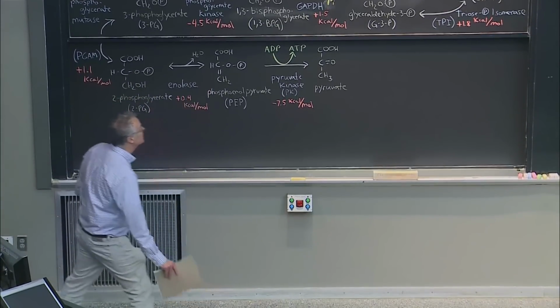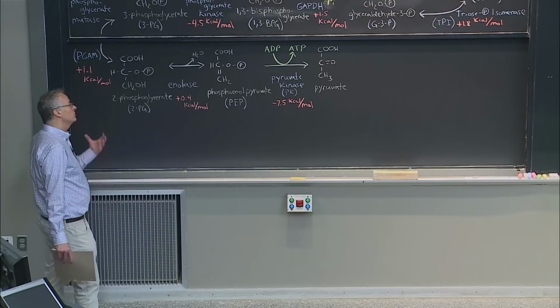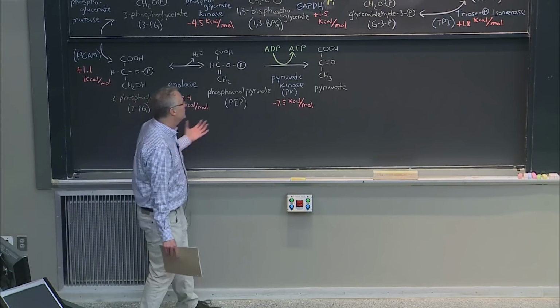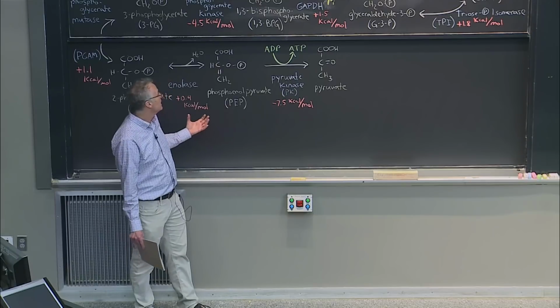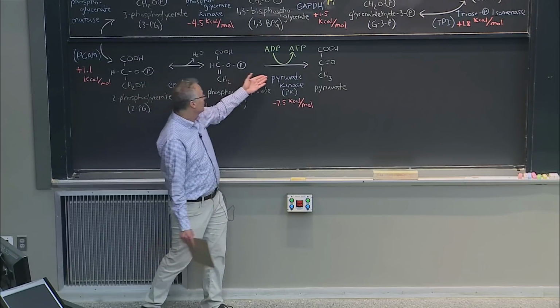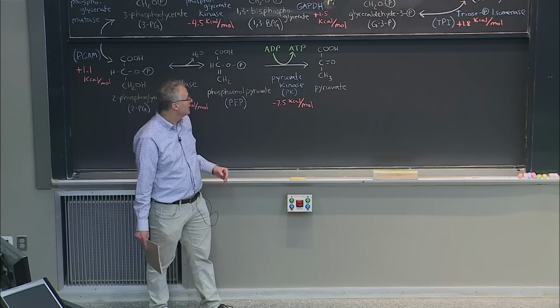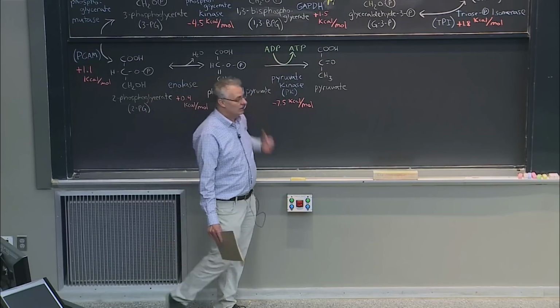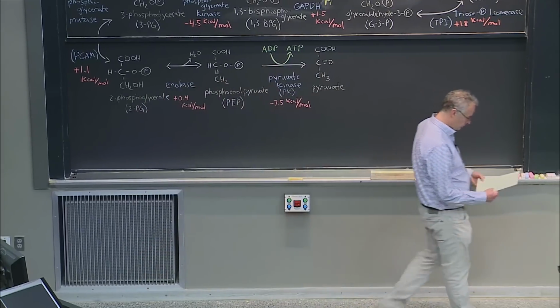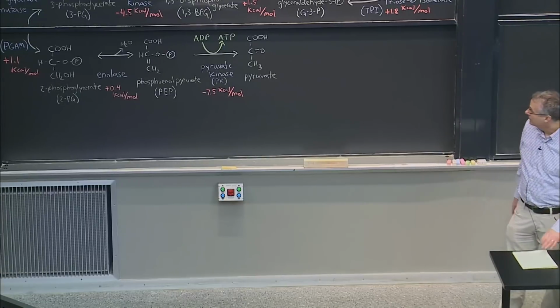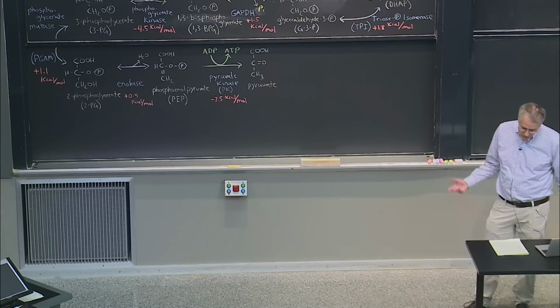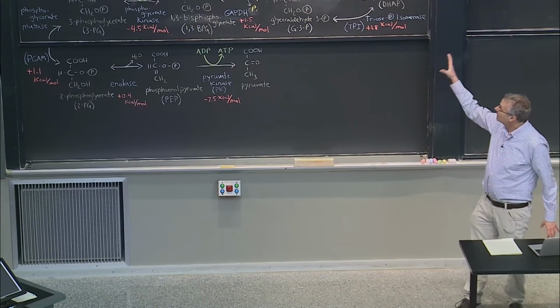Phosphoenolpyruvate was the second of those useful intermediates that allow ATP synthesis despite the high ATP-ADP ratio in cells. And that reaction, as we already discussed, is carried out by pyruvate kinase and allows you to generate another ATP.